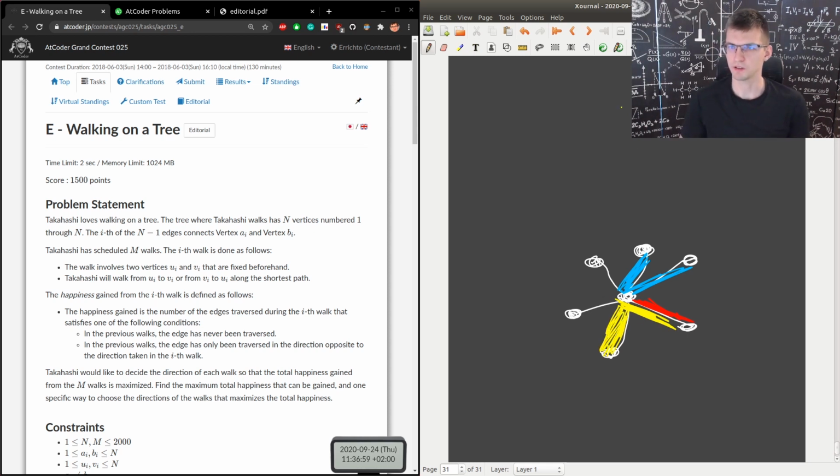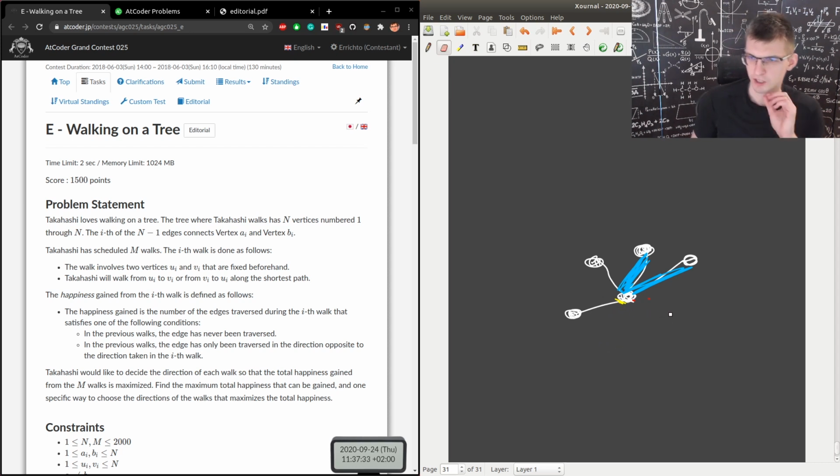If there's this red edge and it is a path of length 1, then for sure I can handle this edge. This edge will be in both directions, so I can then forget about it. Then I would recursively forget about this yellow one, because again I will direct it.